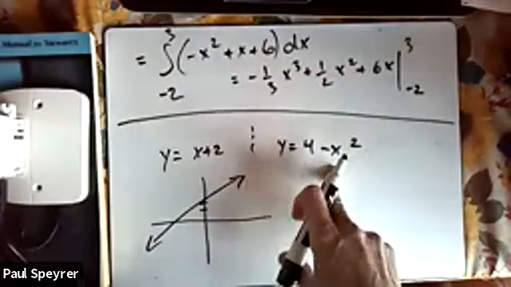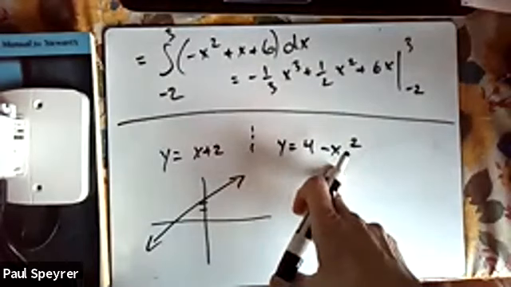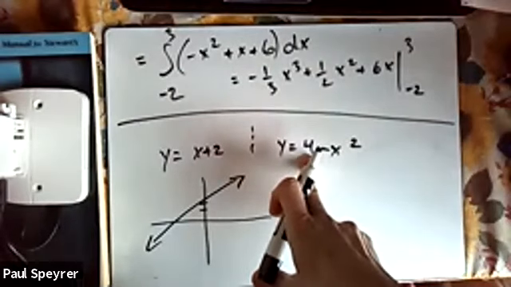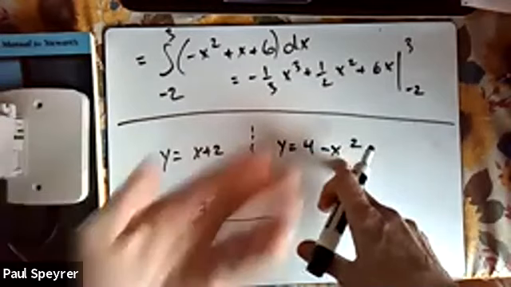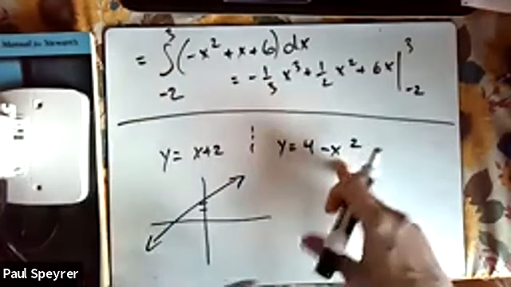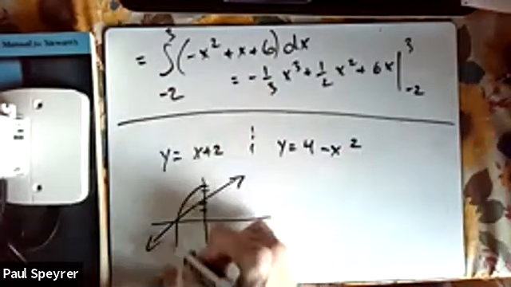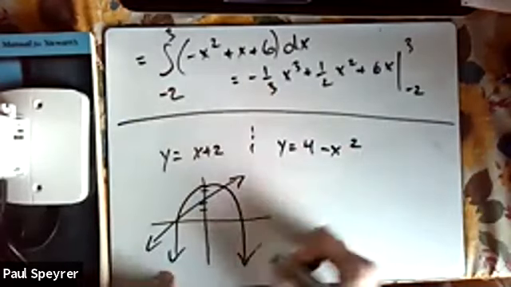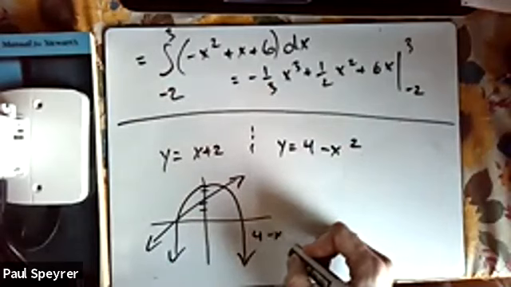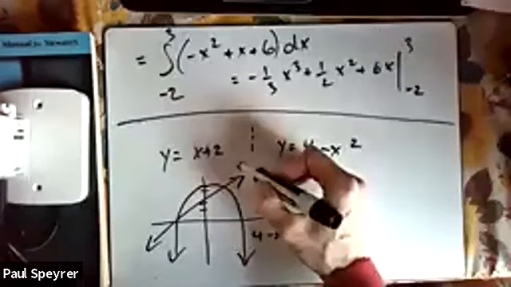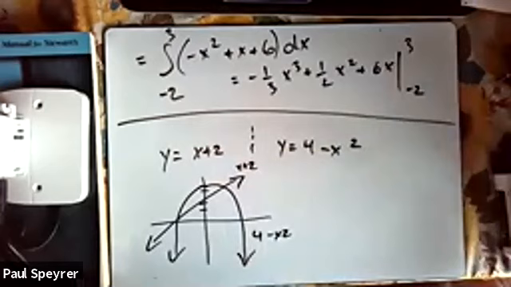4 minus x squared. What's happening right here? You have a vertical shift up, and that negative in front of the x squared makes it reflect upside down. It opens downward. So that's this thing right here. This is 4 minus x squared, and this is x plus 2. So now, what do they want in this?